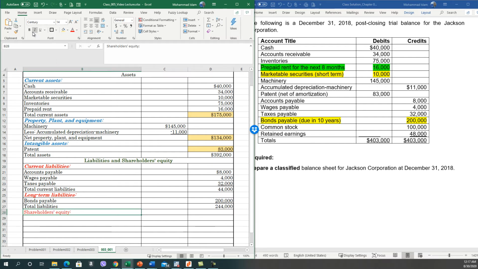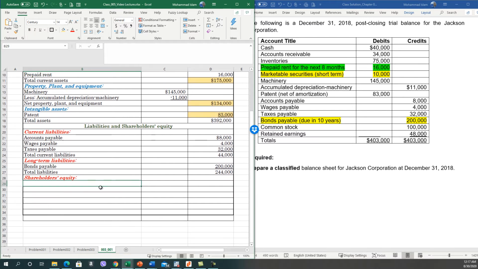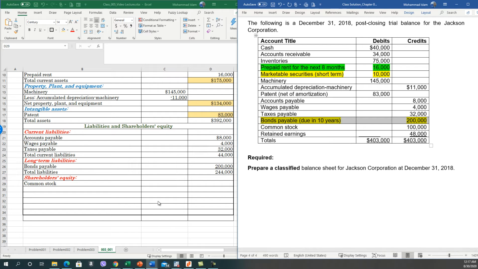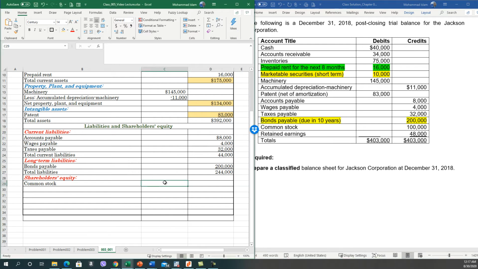Let's make it red and italic and bold, so it's easy for us to view. And we have common stock, see, 100,000. So we can use the inner column. Common stock is 100,000. Let's use the dollar sign.